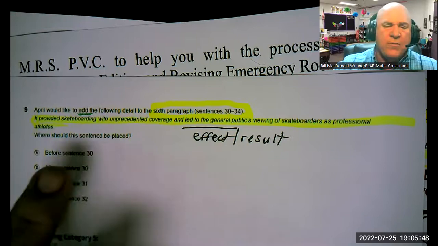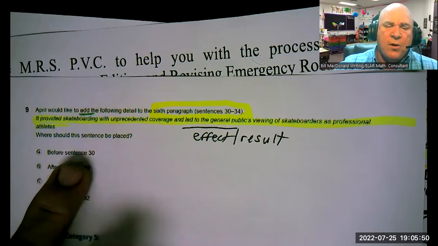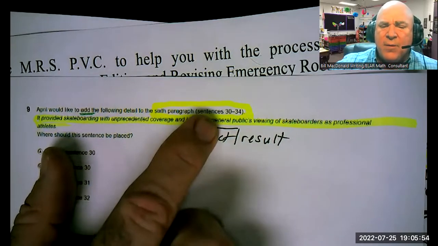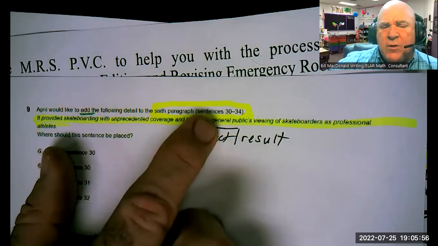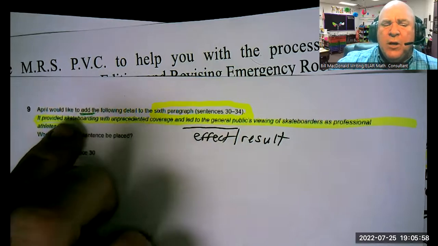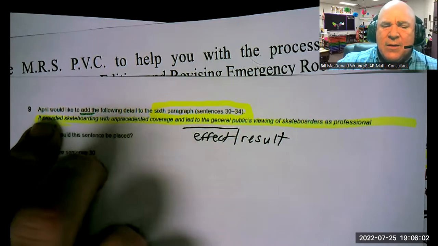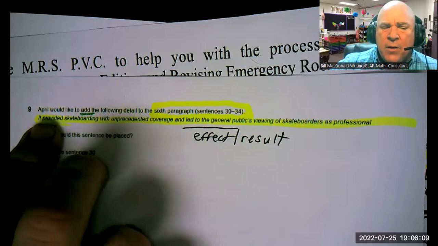Okay, and the four choices are before sentence 30, which means before the paragraph even begins. And I'm going to already tell you, since the sentence that you're trying to insert starts with the pronoun "it," the cardinal rule states: don't begin a paragraph using a pronoun.